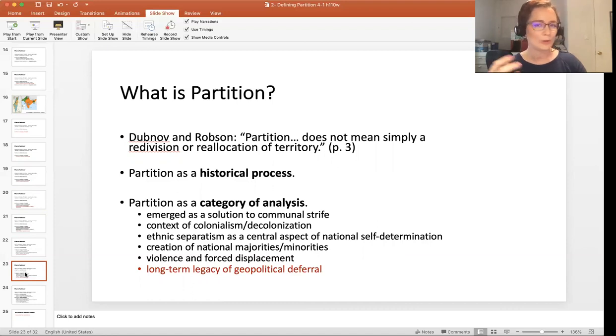The problems that partition creates in these societies are substantial. How, for instance, do you balance the political claims of majorities versus minorities? That's one problem. How do you deal with the violence that ends up being usually directed at ethnic, racial, or religious minorities in these states? How do you deal with resettlement of refugees? How do you deal with displacement of people from their homes? How do you deal with the way that partition warps the national self-perception?